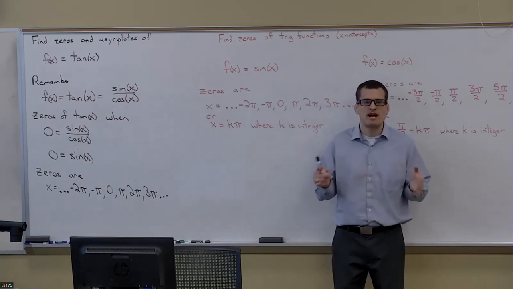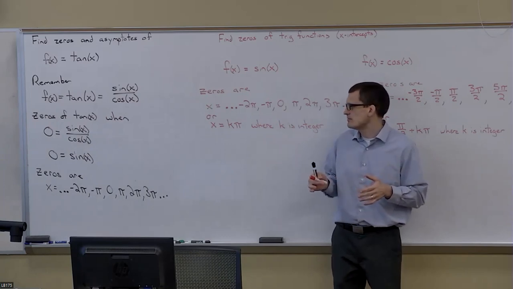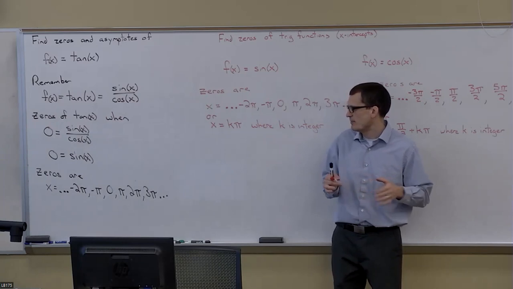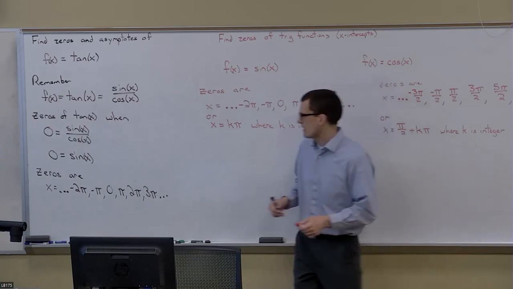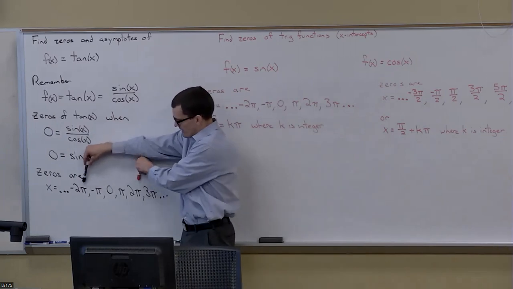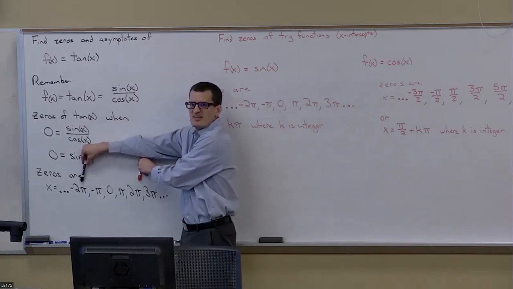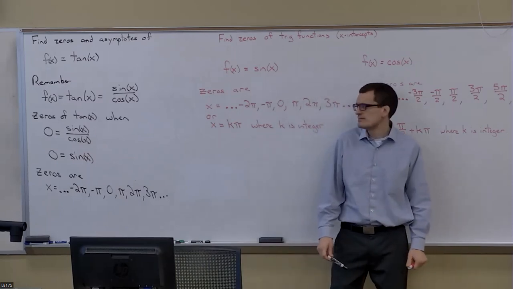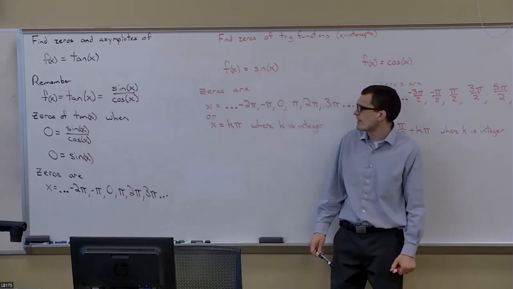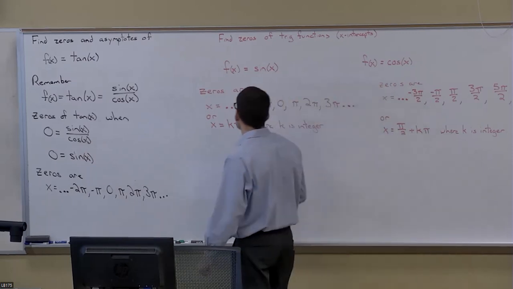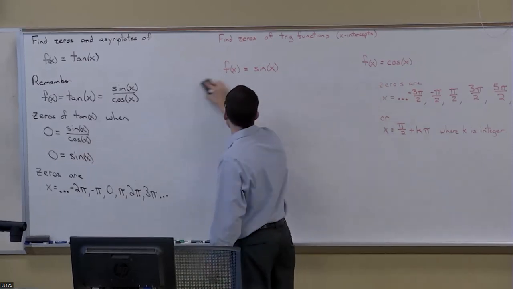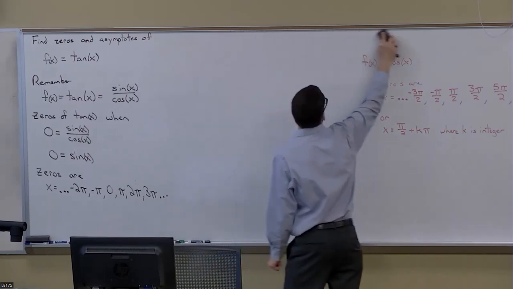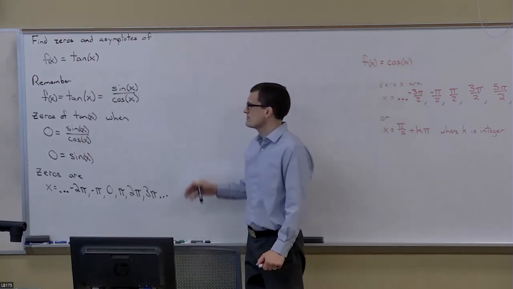So if it said find the zeros between negative 2 pi and positive 2 pi, then all we're talking about is the zeros between here and here. Does that make sense? Is that okay?